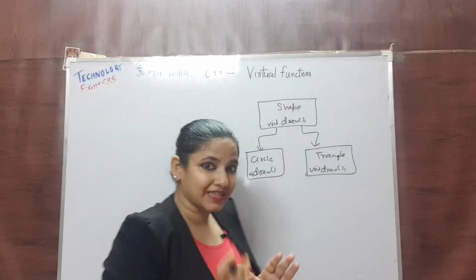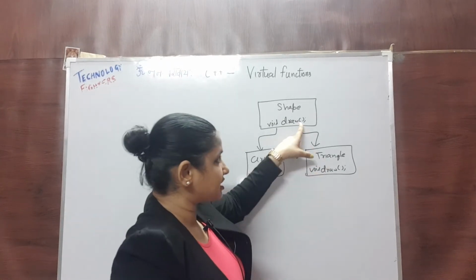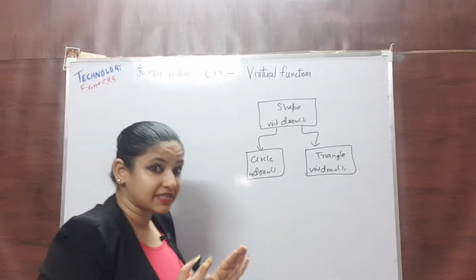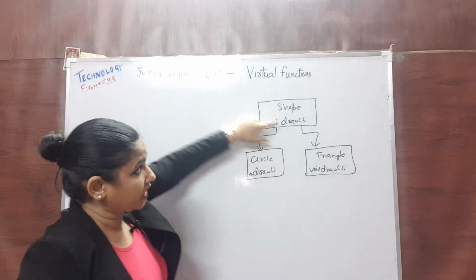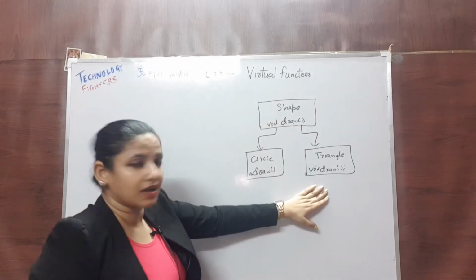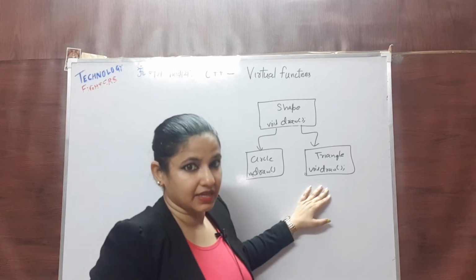So as you can see, this draw function is present in all the classes. They have the same signature. Please see, void draw, no input arguments. Fine, the same thing is in all the classes.